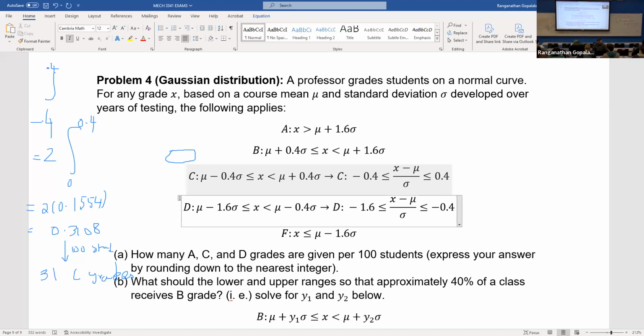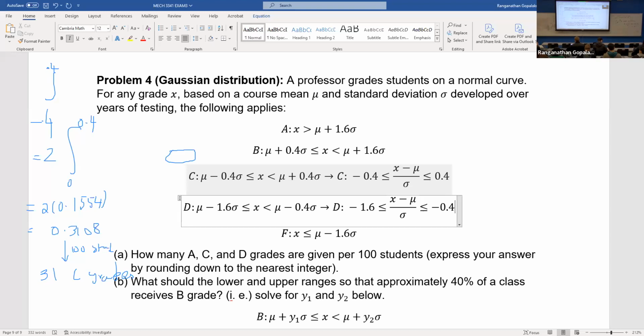Both are to the left of 0. It's like you flip the page, everything becomes to the right. So that is like asking what is the area between 0.4 and 1.6 on the right side.